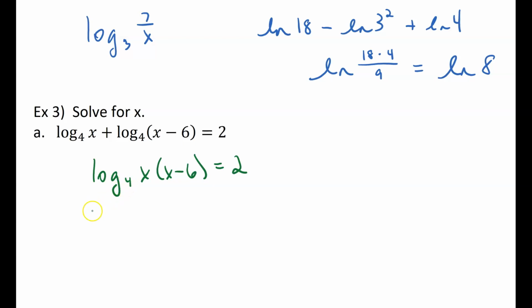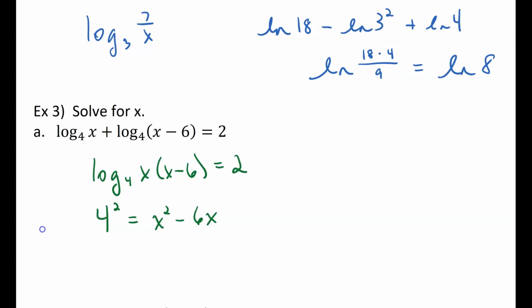So the base of the log is 4, and what would I raise 4 to the power of? 2. 4 squared is equal to, and then I've got the argument left, which is x times x minus 6. I'm going to go ahead and distribute that x through to get x squared minus 6x, and really, what have we just created? A quadratic.